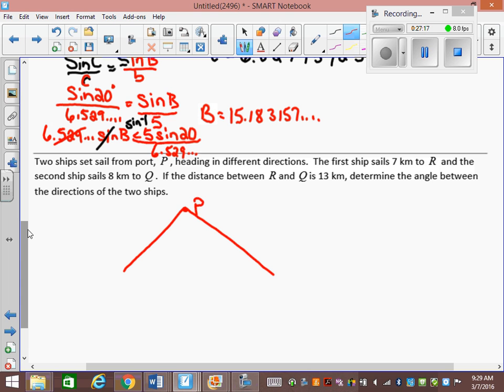The first ship sails 7 kilometers to R. So 7 kilometers to R. And the second ship sails 8 kilometers, so a little longer, to Q. The distance between R and Q is 13. Determine the angle between the 2 ships.